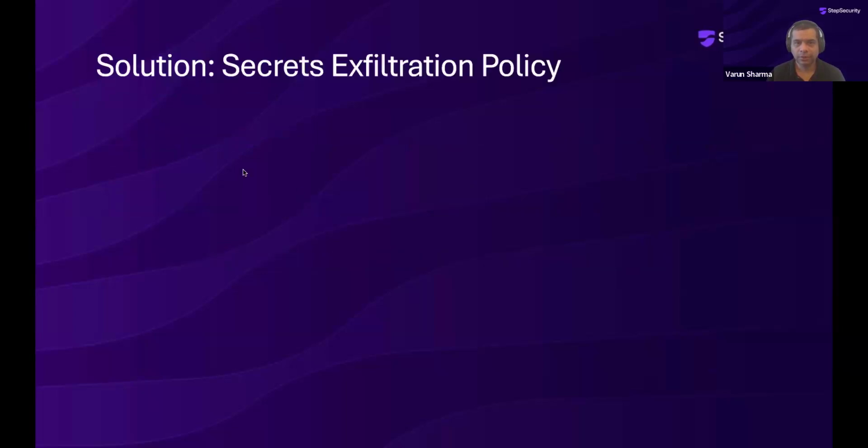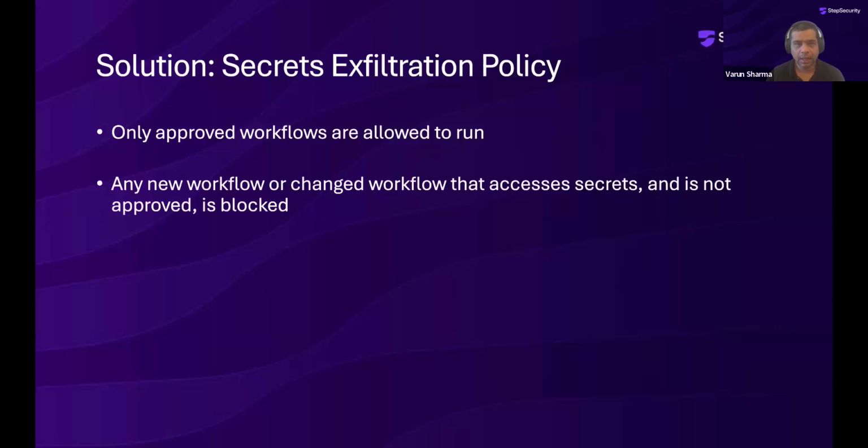So for this scenario, we have a secrets exfiltration policy. And the way that works is that only approved workflows are allowed to run. And what that means is that any new workflow or changed workflow that accesses secrets and is not approved will automatically be blocked.